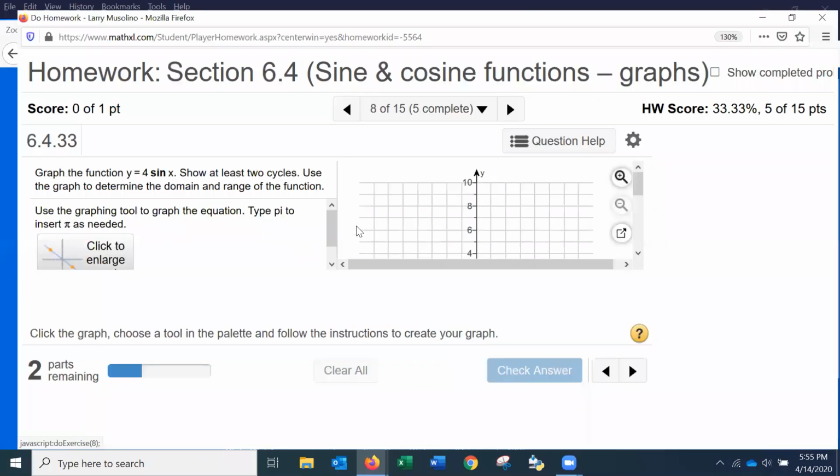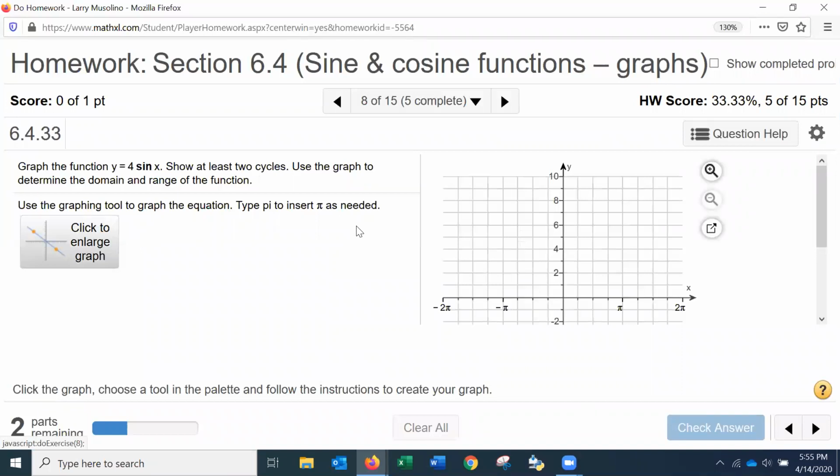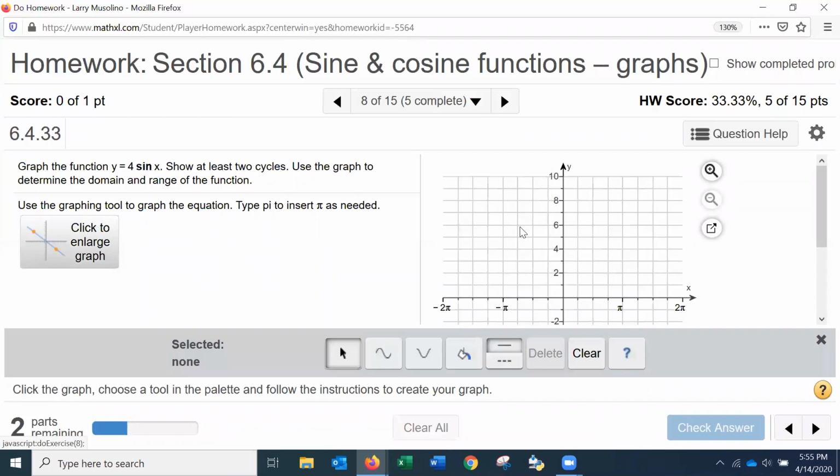They're asking us to graph 4 sine x and to show 2 full cycles. What I'm going to do is click on the graph, and notice there's a sine tool here. Notice this icon is a sine wave, and if I hover my mouse over, it says sine tool. So I'm going to click that.